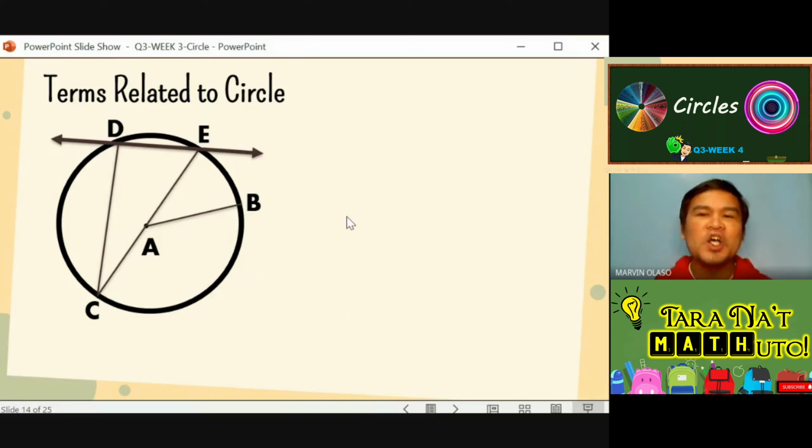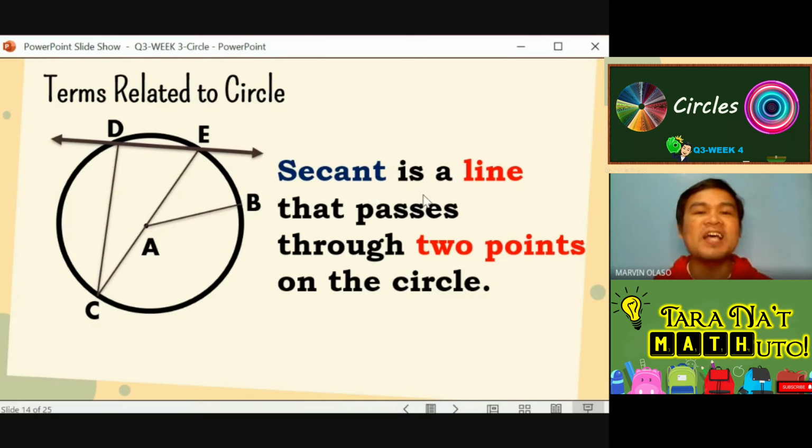Alright, so sirit na ba? That is called secant. A secant is a line that passes through 2 points on the circle. So ayan, nakita nyo, dumaan siya sa dalawang points, point D at saka point E. So, pakitandaan ninyo, mga kamatinik, ano? Can you identify what is the secant? Sige nga, can we identify now?